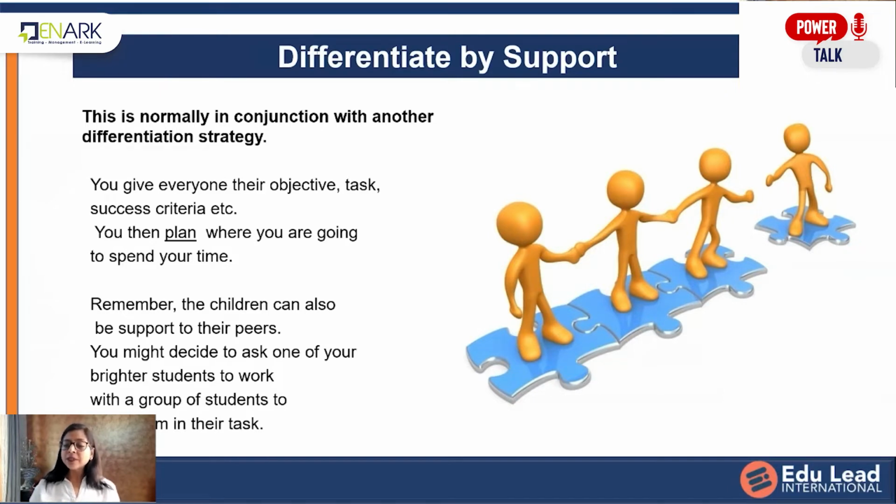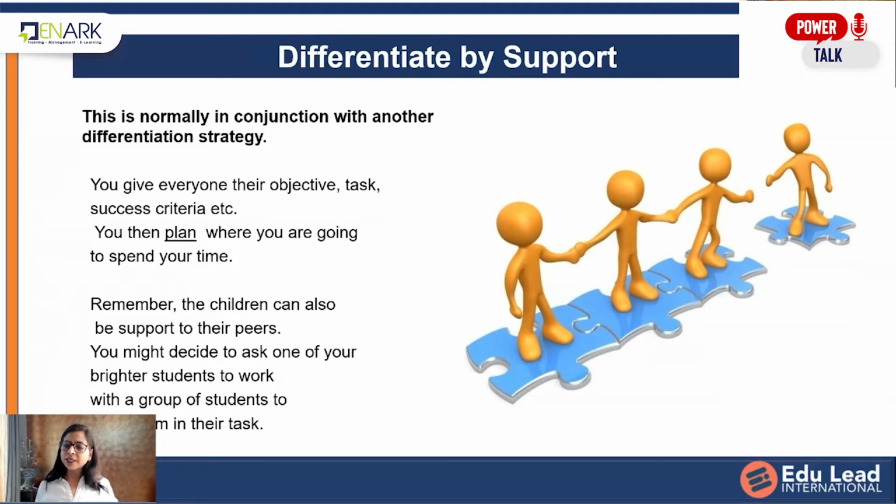When you give the same task to mixed ability groups, then within the group there is peer support available. So there are children who are going to help each other on the task, and that's how the children will progress. So this is differentiation by support. Another thing is that the teacher may want to create ability groups. So when we are saying ability groups, it means low ability together, middle ability together, high ability together.